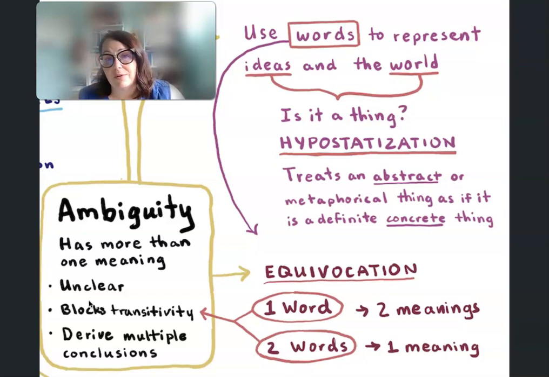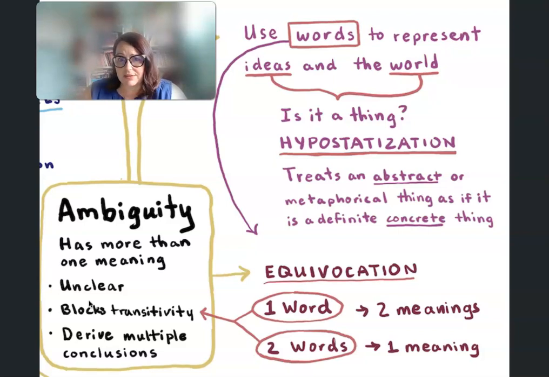So this is where we talk about history on the march, or nature wants this kind of thing, where basically we take something that is too broad or nebulous to actually be the kind of thing that we're talking about, where we attribute properties to it and try to explain away too many things with something that's abstract, but treating it as though it's a definite concrete thing.